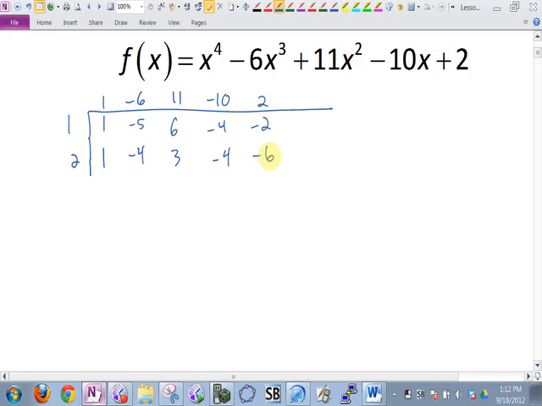So either all 4 are irrational, 2 are irrational and 2 are imaginary, or all 4 are imaginary. But do I now have any hopes of finding all 4 zeros completely by hand? No. Not unless you can make just this crazy guess.